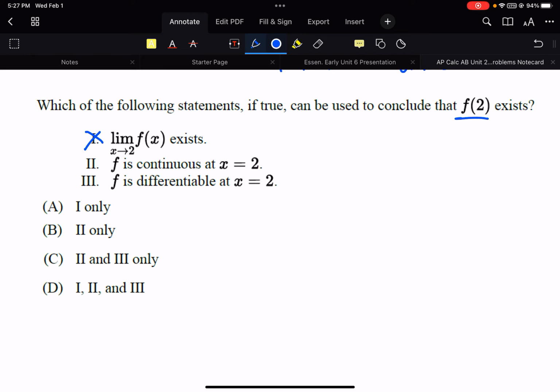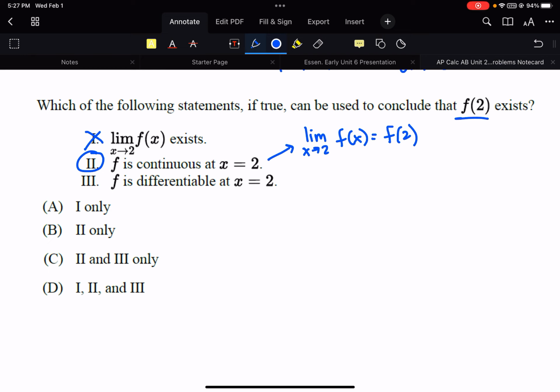Now, if f is continuous at x equals 2, that's helpful for us. Because remember, if f is continuous, we know that the limit as x approaches 2 of f of x is equal to f of 2, which means that f of 2 has to exist. So that's definitely true. That would definitely mean that the function was defined at 2.